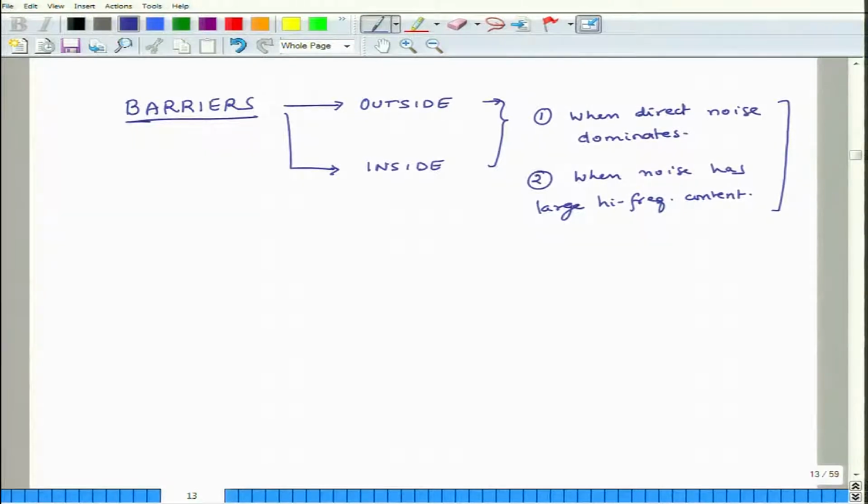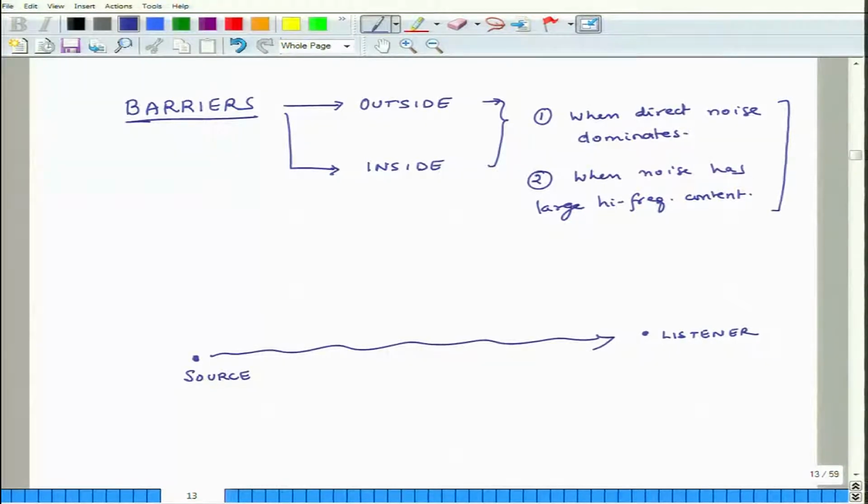I wanted to again point out two or three things as to how barriers prevent the spread of noise. Suppose you have a source and we have a listener. Noise can directly reach there.